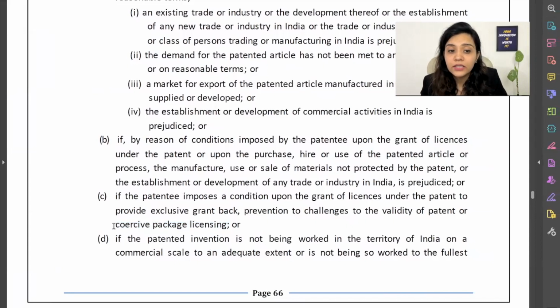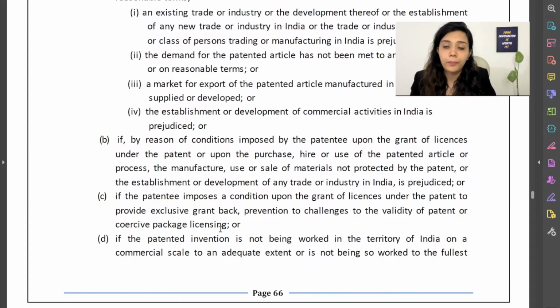Another example is coercive package licenses. For example, I try to bundle up my license with several other things. I have a patent on one technology, but I say, if you want to take this license from me, you'll have to take these several other licenses as well. Otherwise, I'll not give the license. So this is some extra condition which I'm trying to impose.